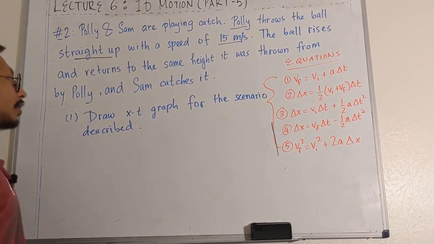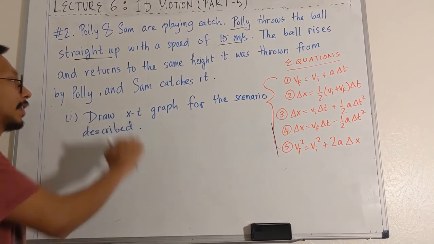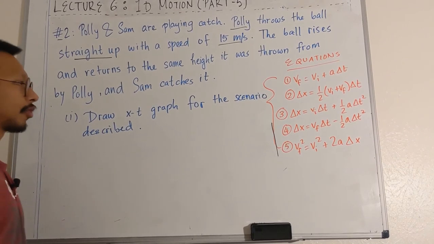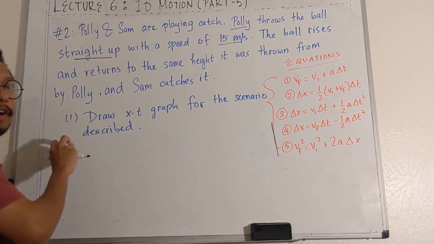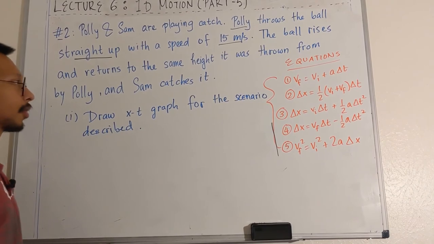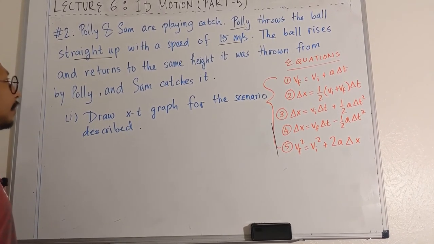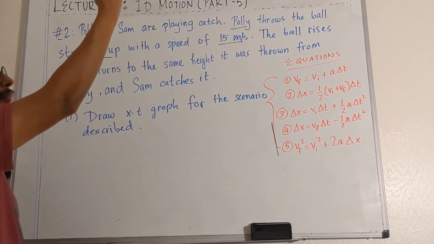The first question is, draw the position time or xt graph for the scenario described. Okay, so this is actually application of motion graph concept into our gravitational motion. All right, so what do we have? We have given that Polly throws the ball straight up.